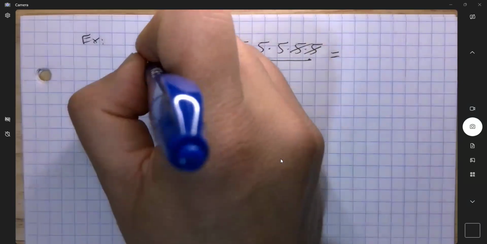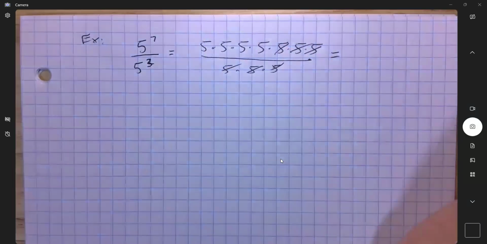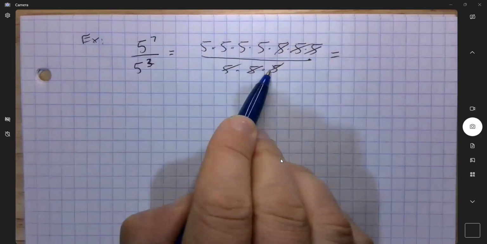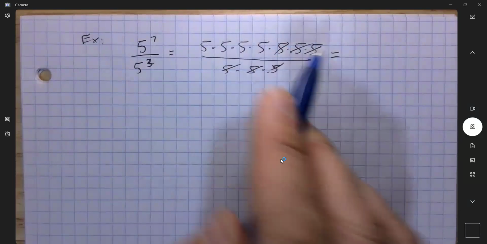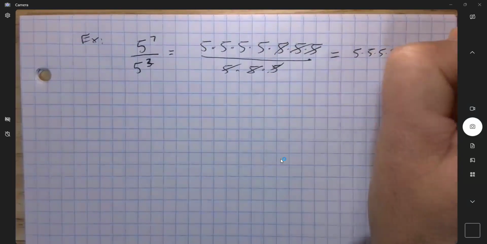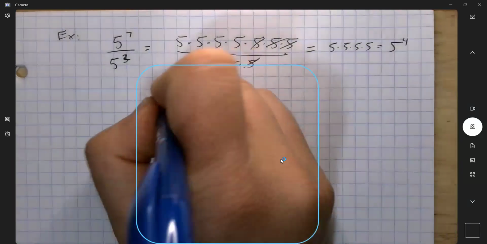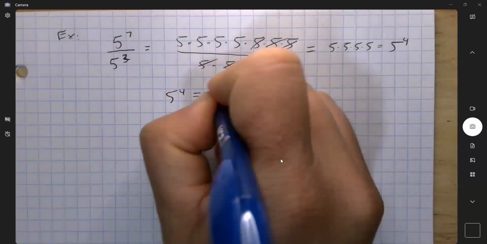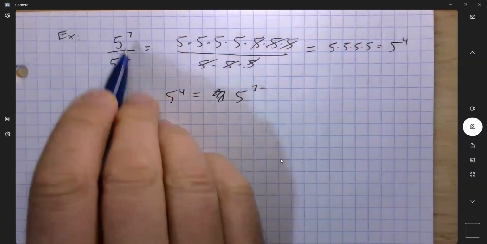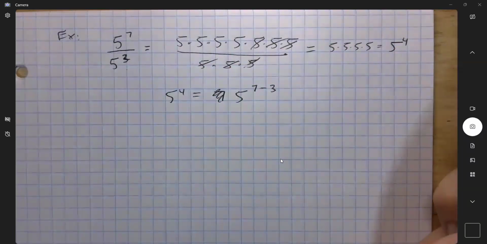With all of these cancellations, it leaves me 4 5s multiplied together, which is 5 to the 4th. And 5 to the 4th is exactly what you get if you take the top exponent and subtract the second exponent.